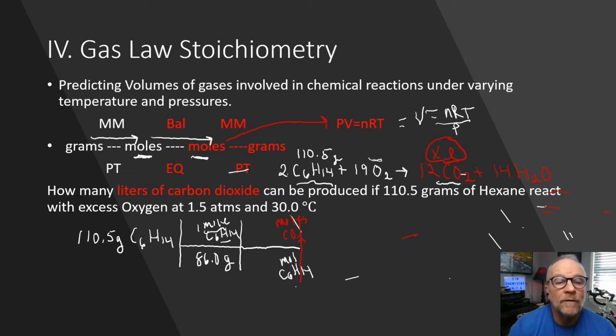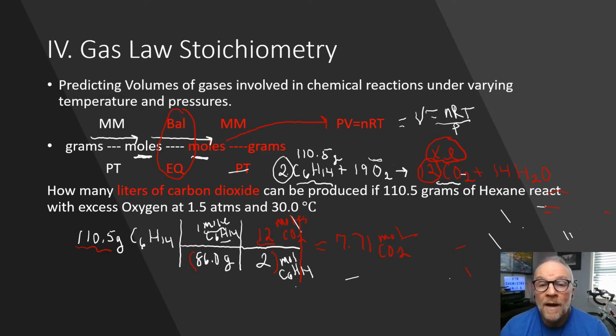All right, so whenever you go from moles to moles, use the balanced equation and the coefficients off of that. So let's pick off our carbon dioxide first. We have 12 moles of carbon dioxide for every 2 moles of our C6H14 or hexane. So when we do that calculation, it's 110.5 times 12 divided by 86 times 2.